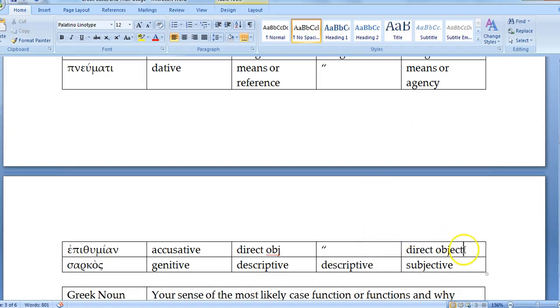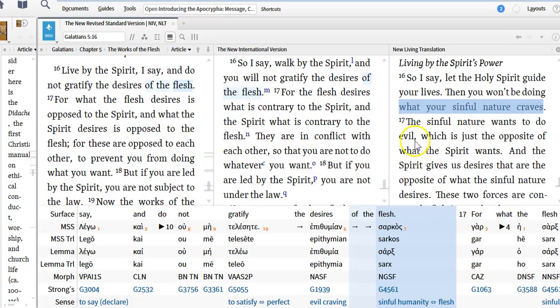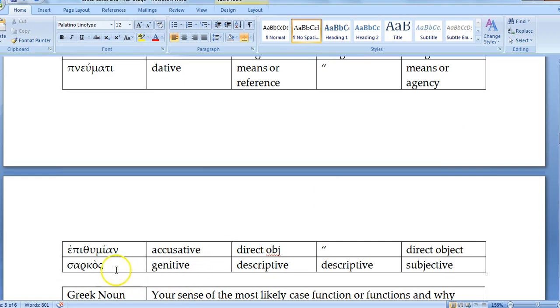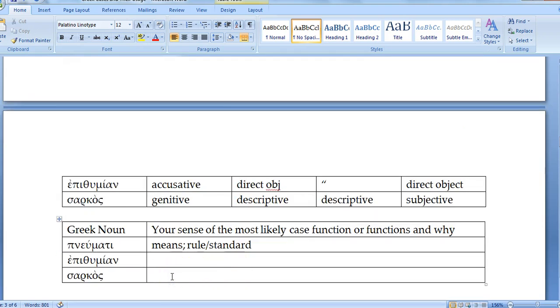So I think maybe we could say the NLT has understood the epithumion as a direct object, and has represented it even in English as a kind of direct object here. One other possibility to consider for this genitive, I do think subjective really has a lot going for it, but we could also think about it as a genitive of source, the desires that spring from the flesh, as it were.